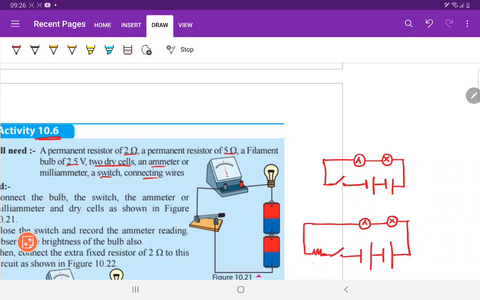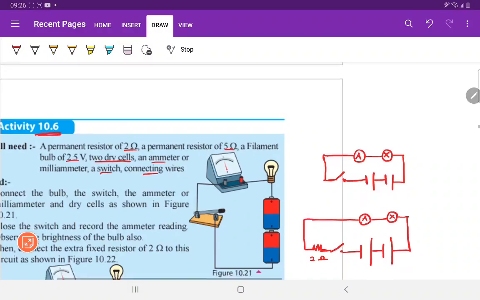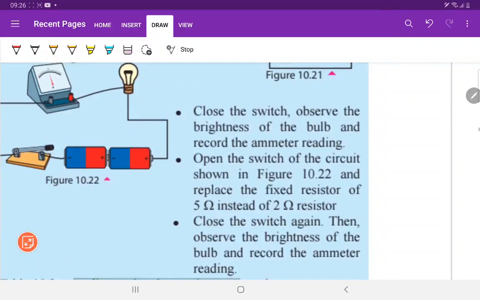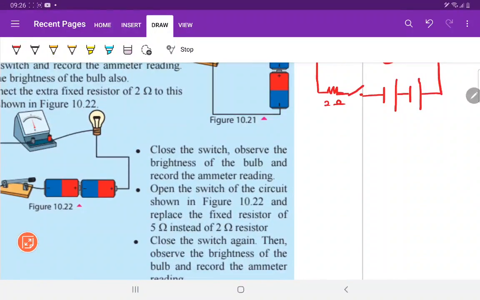The resistor of 2 ohm, the 2 ohm resistor. Okay, now you understood, children, how to draw the circuit diagram with the symbols.